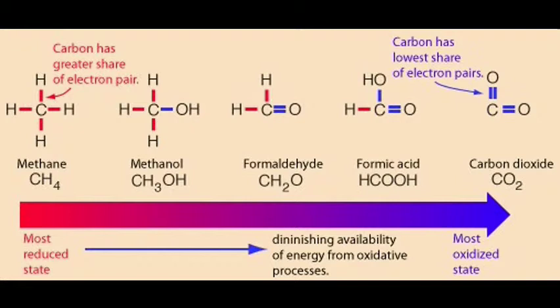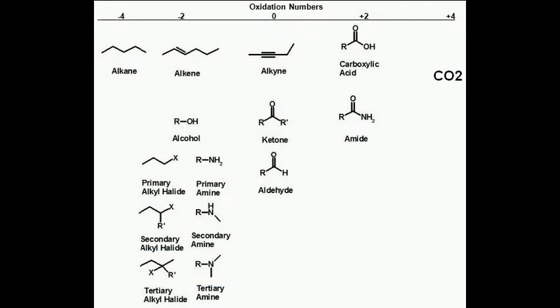For example, the oxidation number for alkanes is -4, for alkenes, alcohols, alkyl halides, and amines it is -2. For alkynes, ketones, and aldehydes it is 0. For carboxylic acids and amides it is +2, and for carbon dioxide it is +4.